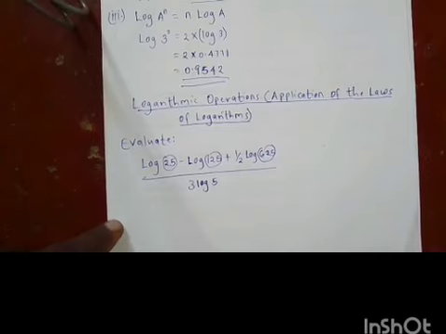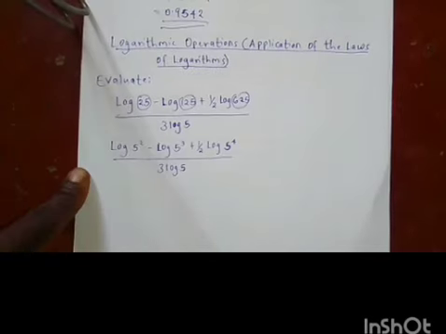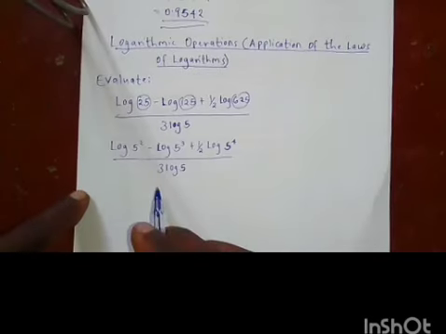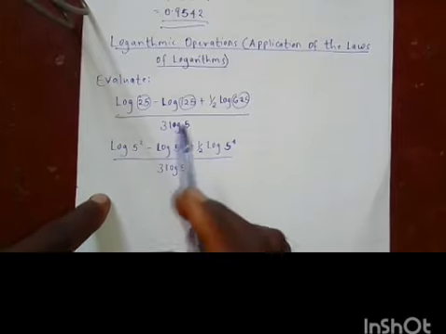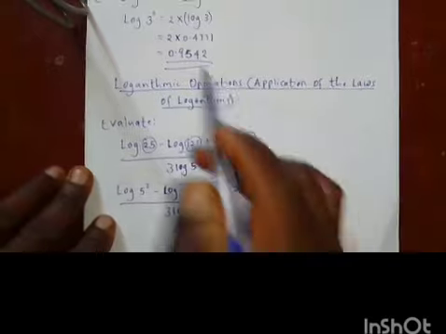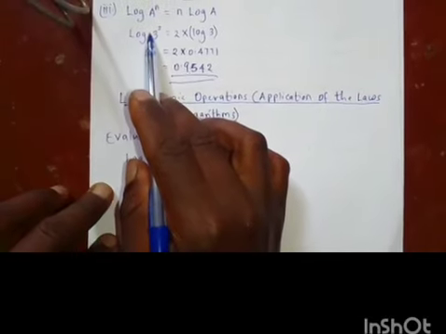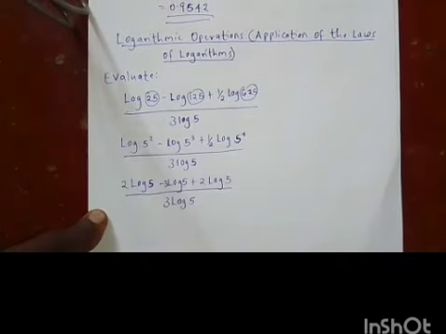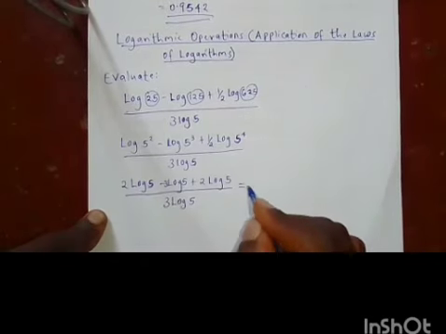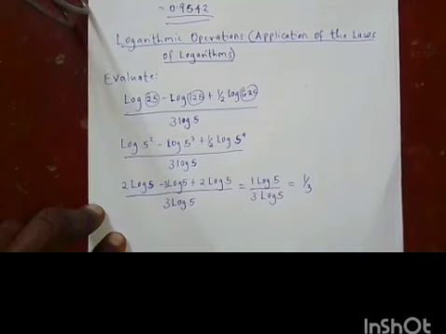So that is in this form. Next we apply the third law of logarithm. So we express it as this, and this equals that.